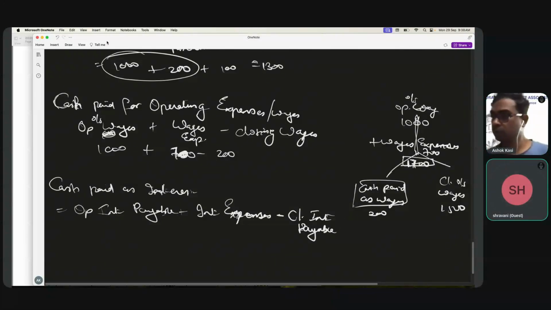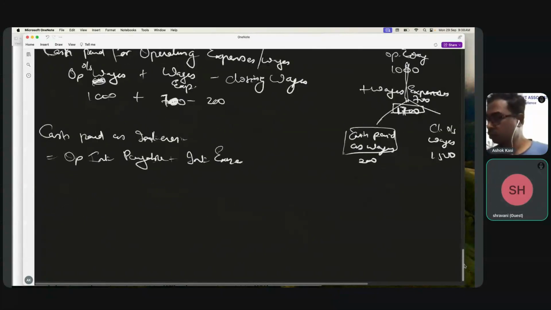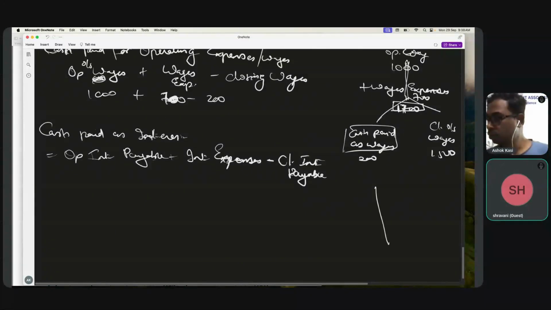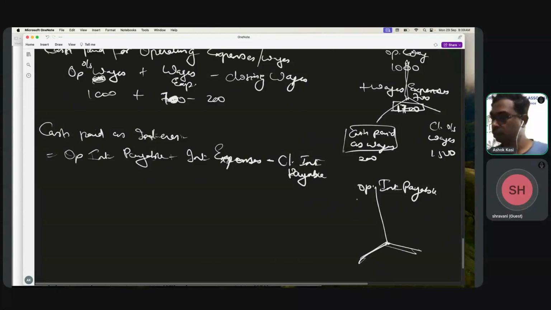Okay. So that is opening interest payable. So you can use this tree method for direct method. Okay, this is called direct method.